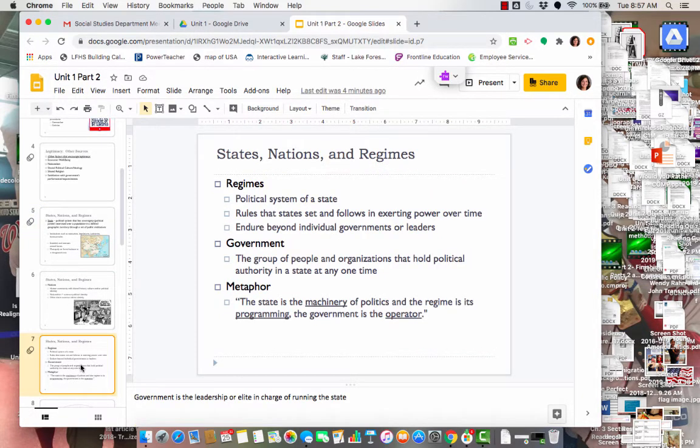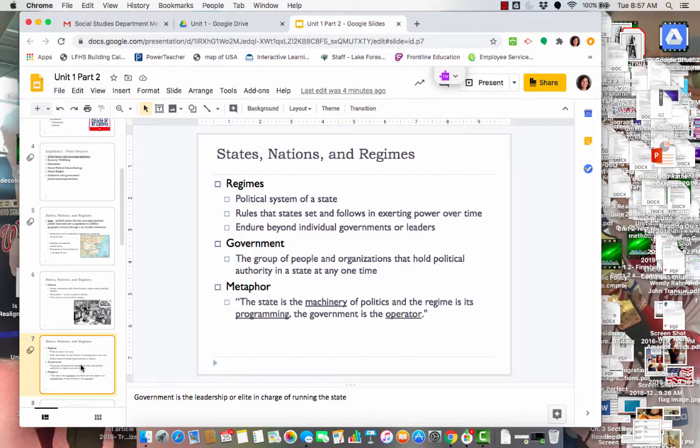Okay, so what's a regime? A regime is a political system of a state, okay? So the rules that states set and follow in exerting power over time, and these regimes endure beyond individual governments or leaders. So a regime would be democracy. A regime would be authoritarianism. A regime would be totalitarianism, militarism.